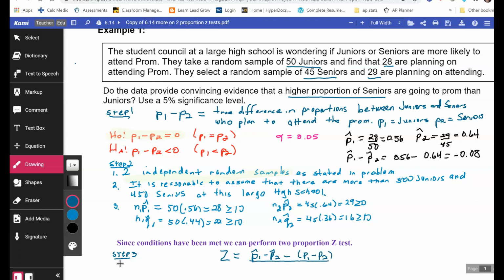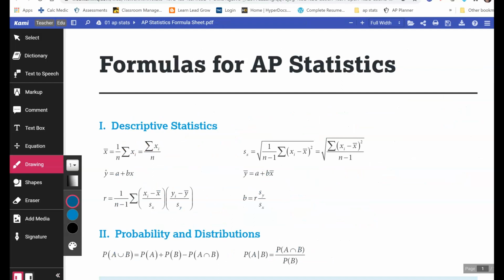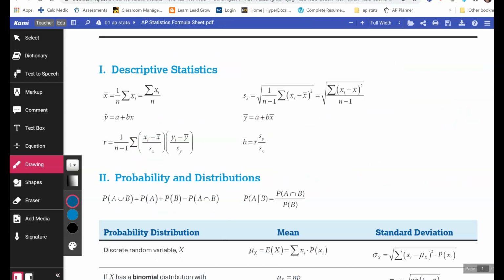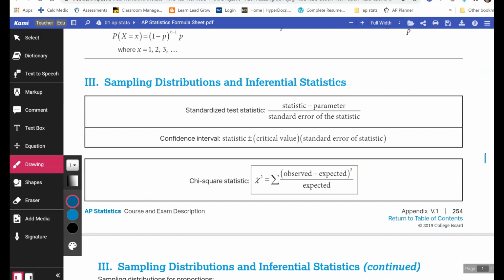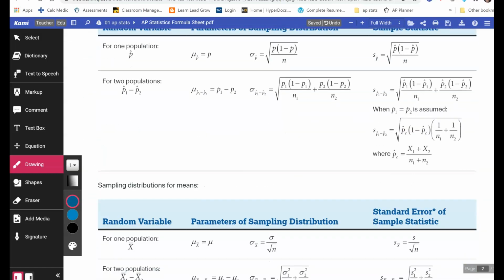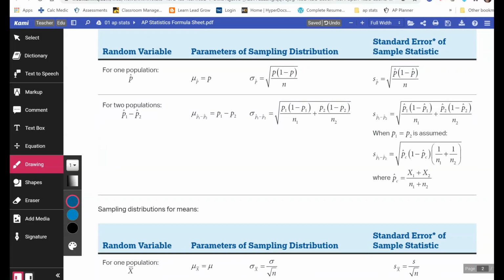Now we have to look up the standard error, and here's where the difference lies. We're going to the reference sheet, which, as I've always said, you want to make sure you have handy. We slide down to the sampling distribution of the statistics. There's our test statistic, but we're going to slide further down into the section of random variables and parameters, and we're dealing with two proportions.